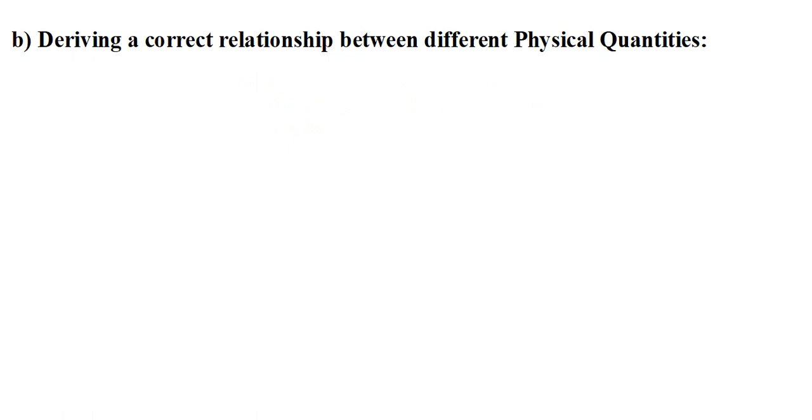The problem given is one simple pendulum. This is a simple pendulum. The mass of this bob is m, and the length of this simple pendulum is L. The simple pendulum is swinging, and it makes an angle theta.